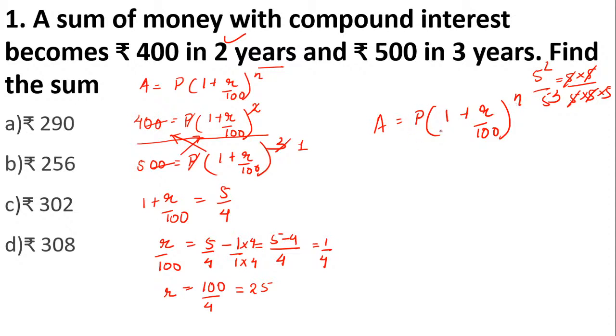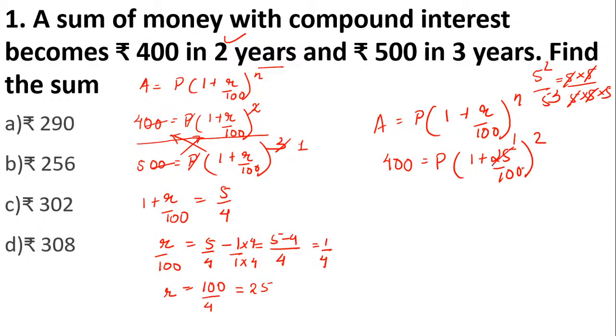So now can you calculate the principal? Yes, I know you can calculate because all my students are very smart. Instead of amount, I'll write 400. Principal, I'll write P. Then I'll write 1 plus 25 upon 100 to the power of 2 because I've taken this part of the question.